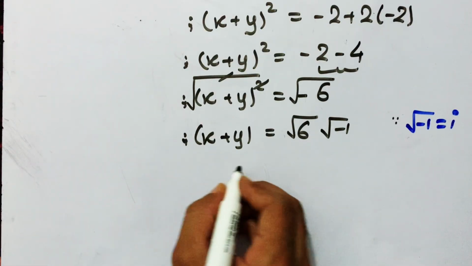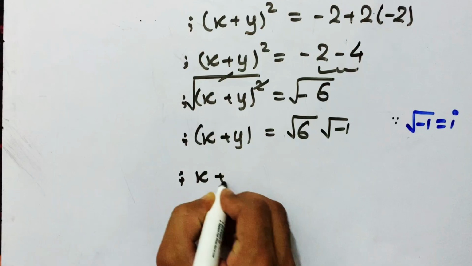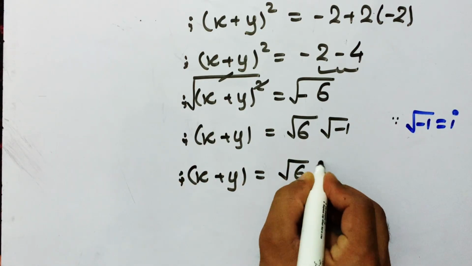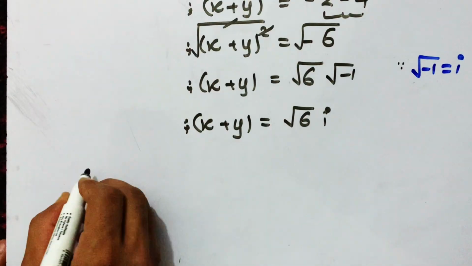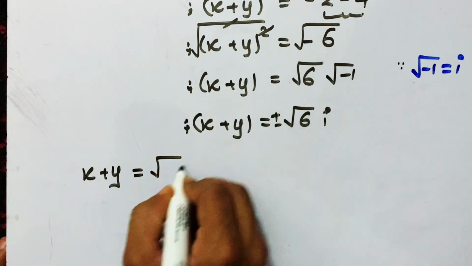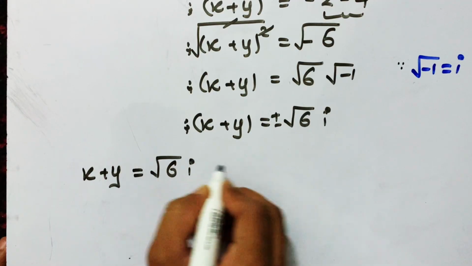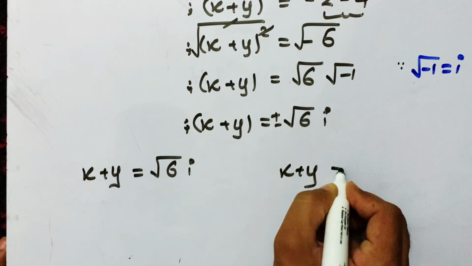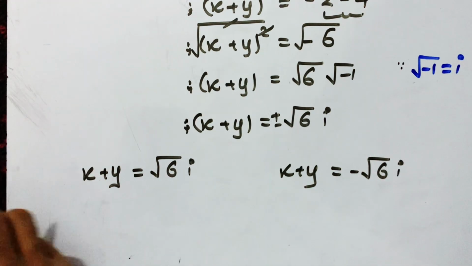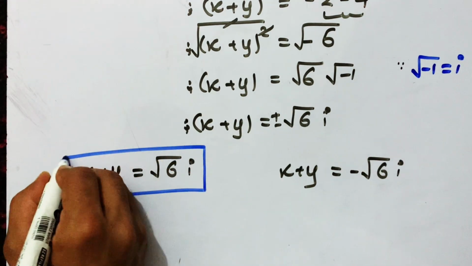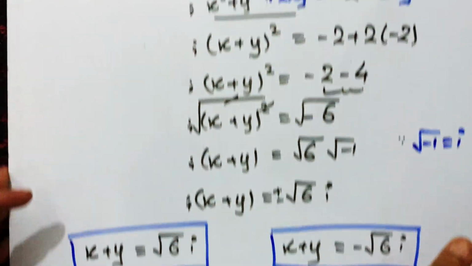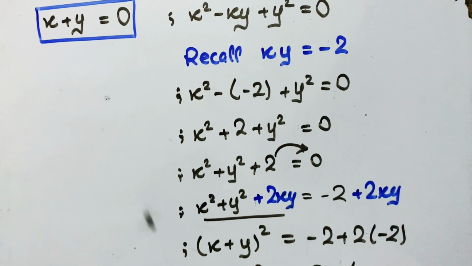This means x plus y equals plus or minus square root of 6 iota. So that is the imaginary solution in terms of iota, and the real solution is x plus y equals 0.